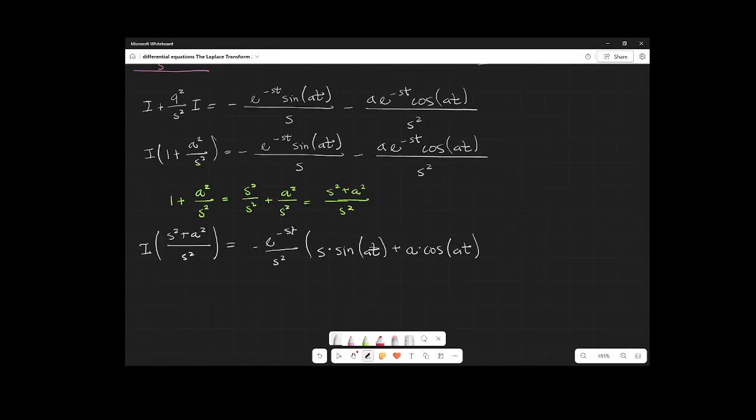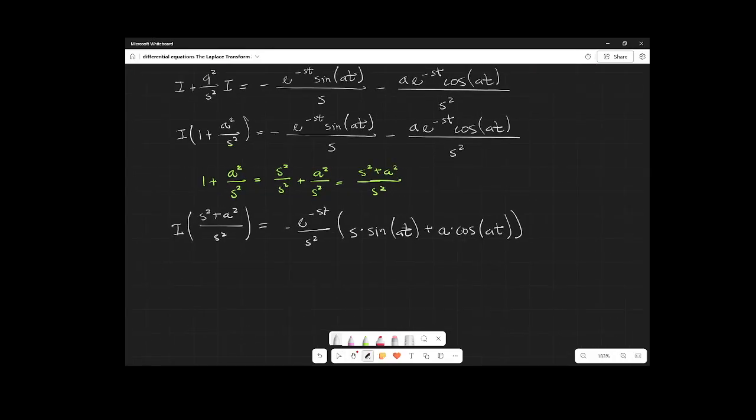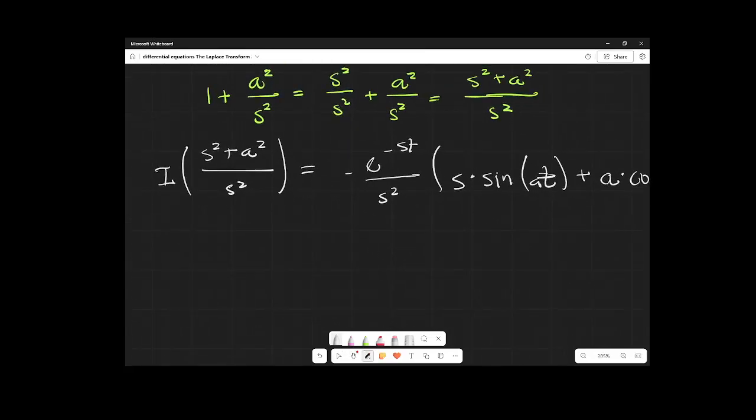Okay. Close parentheses. Now I can just divide both sides by this s squared plus a squared over s squared.